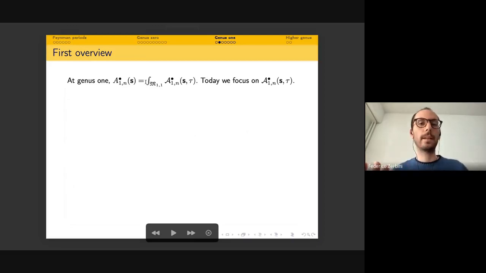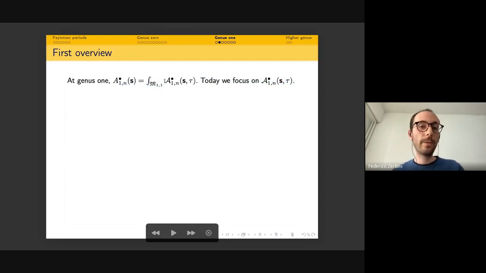this can be written as an integral over the moduli space of elliptic curves, so of complex tori with one marked point, of something which will depend on the complex structure tau of the torus. And it is quite mysterious, in fact, in string theory, how to compute this whole integral.